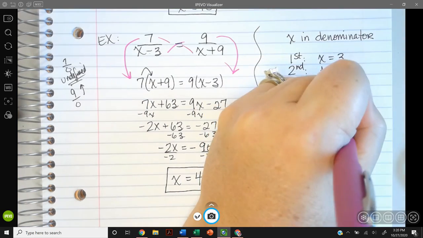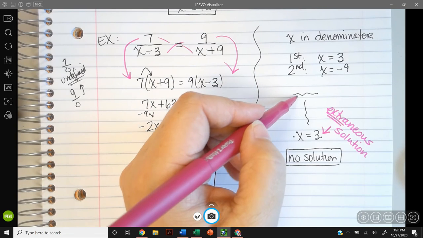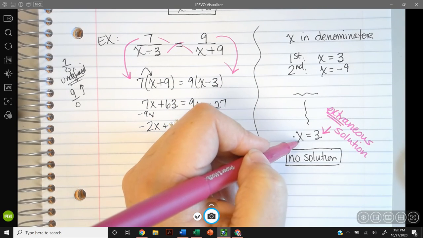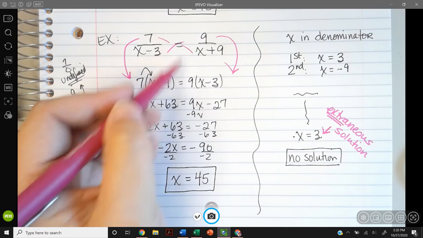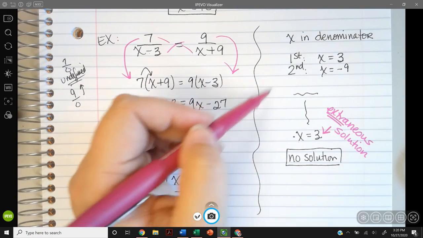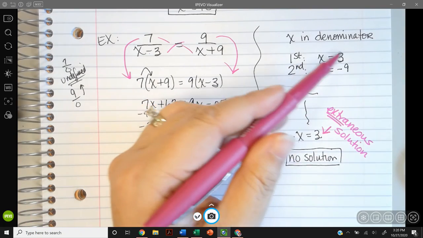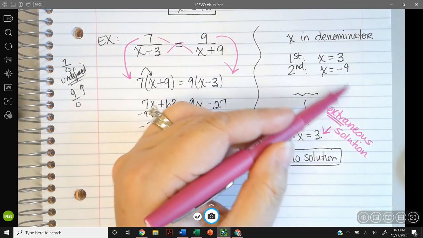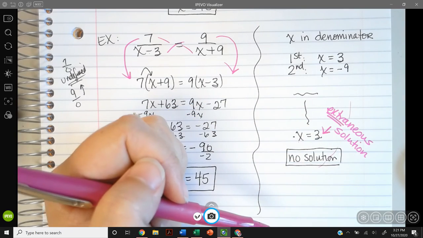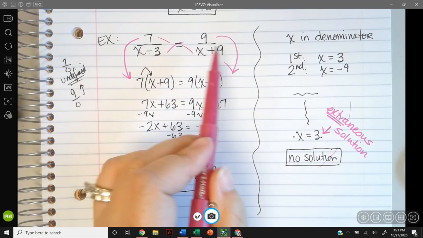It's just what that means: it's extra. It is an extra answer. It came about algebraically, but when I plug it back in, it doesn't work. This is why it is so important to check your work, because you might have what's called an extraneous solution. You get it from your denominators.